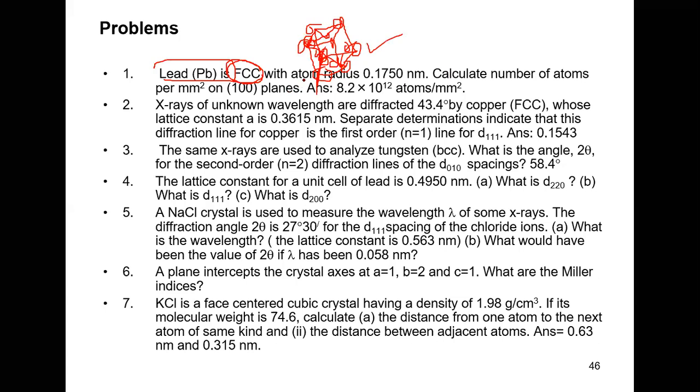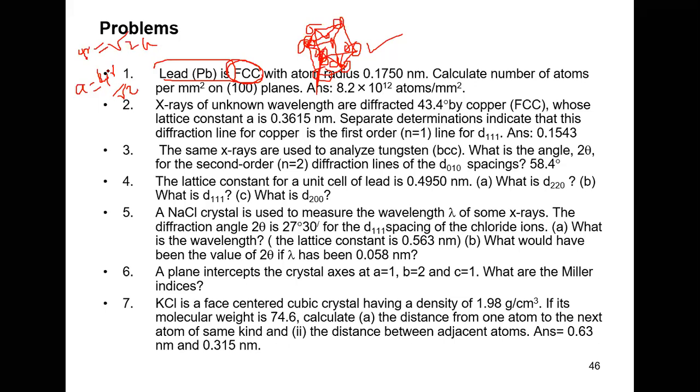Now in this problem, atomic radius is given 0.17. It is FCC, atomic radius given. So you can easily calculate A. In case of FCC, 4R equal to root 2 A. So A will be 4R divided by root 2.